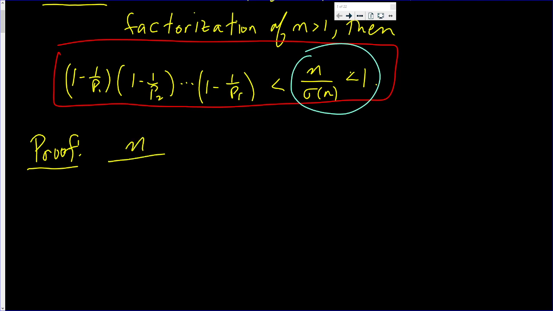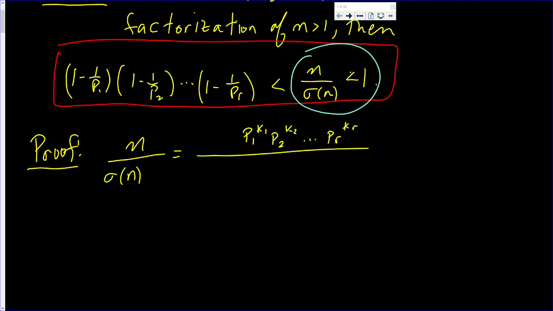Okay, so let us get this inequality out of the way. N divided by sigma of n. Well, this is p1 to the k1 times p2 to the k2, all the way to p sub r to the k sub r.